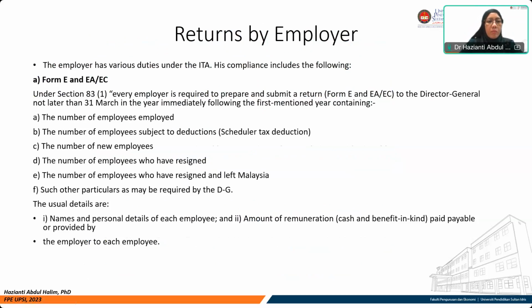The employer must report the number of employees employed, the number of employees subject to the scheduler tax deduction, the monthly deduction, the number of new employees, and the number of employees who have resigned. So every year they have to submit the latest number of active employees they have. They also have to report the number of employees who have actually resigned and left Malaysia. The usual details in the form are the name, the details, and the amount of remuneration or salary and the benefit in kind payable by the employer to each employee.